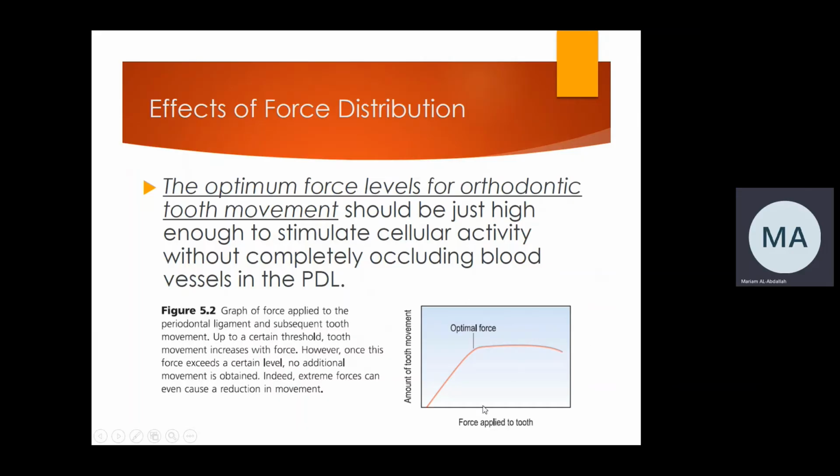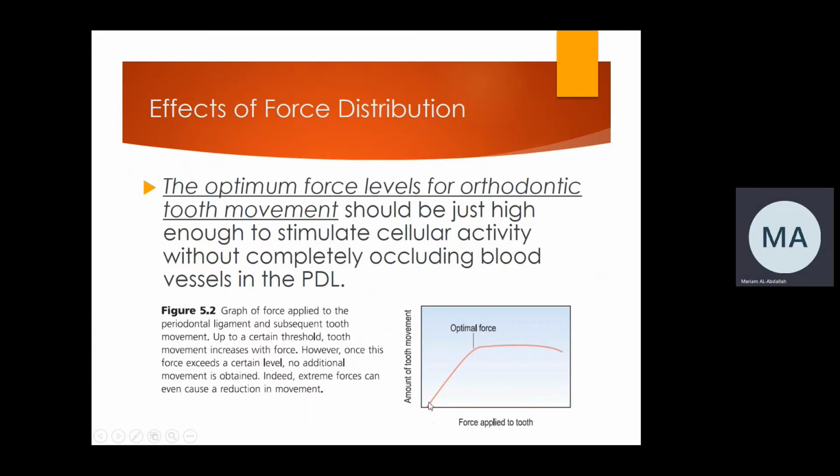So as you can see, this diagram is important, and it gives you the relationship between the force applied to the tooth and the amount of tooth movement. As long as the force is below the threshold of the periodontal cellular activity to stabilize the tooth position, as long as it's low, we will have no tooth movement.